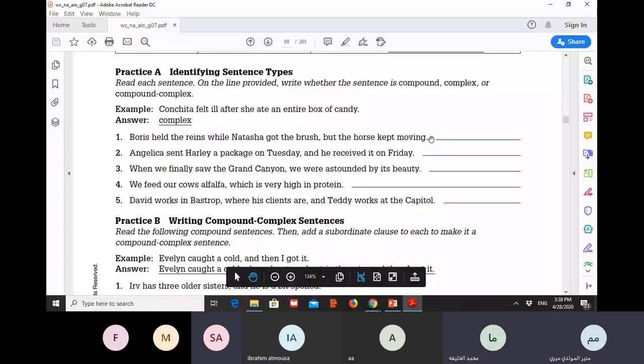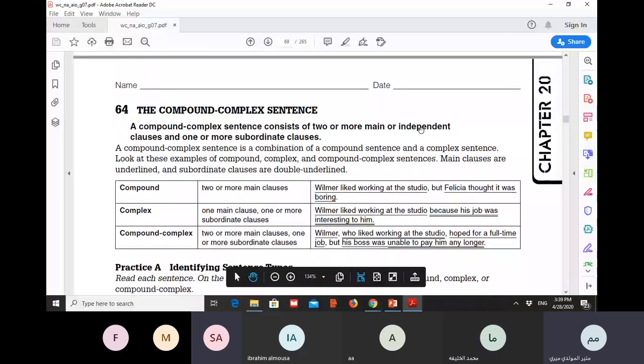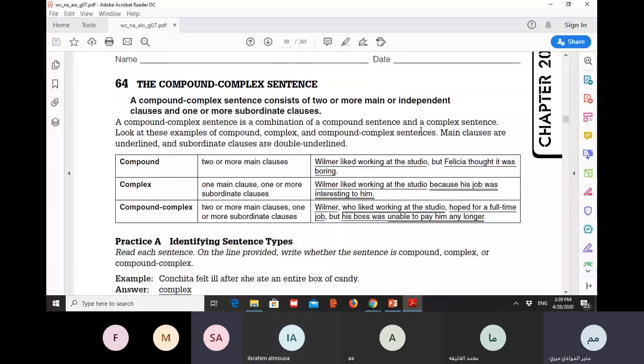Ibrahim Al Musa. A compound complex sentence must have a main clause and one or more subordinate clauses. So there must be a main clause first, because it is necessary. A main clause is a clause that can stand by itself and gives meaning.